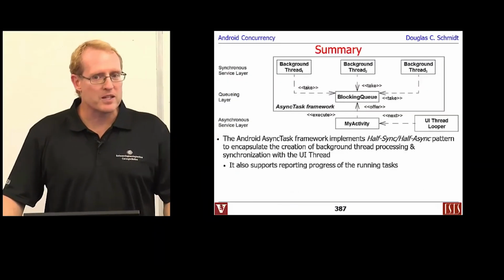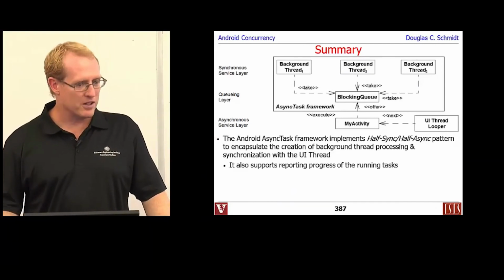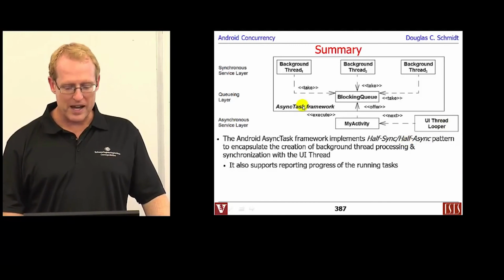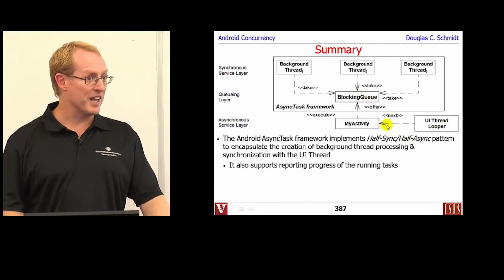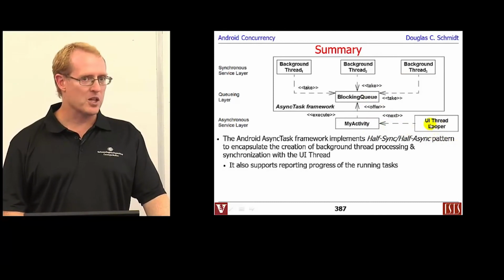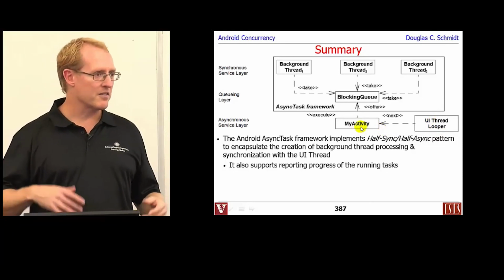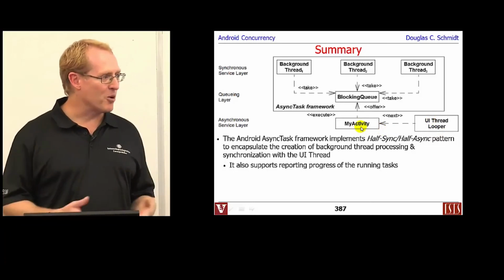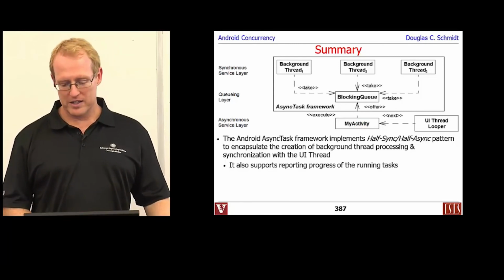So to wrap things up from an Android-centric perspective of this pattern, this is the pattern, but now we've replaced the generic parts with specific things from the Android toolkit. Our external event source is really coming at us from the UI thread looper that we looked at before. Our activity is the async part, because we're not blocking in there for any length of time, or we'll get the ANR exception.